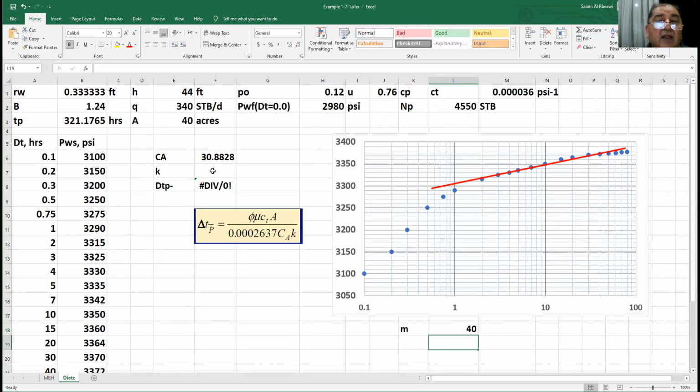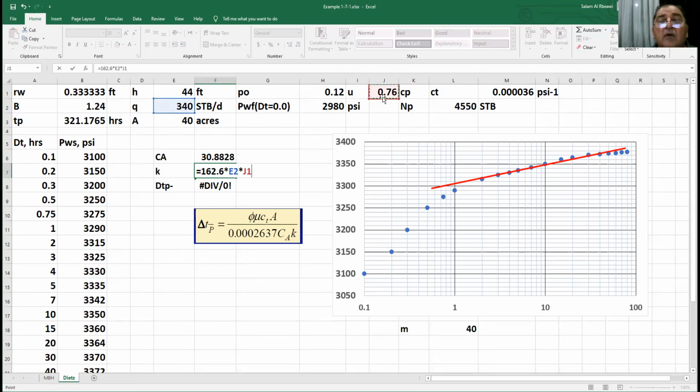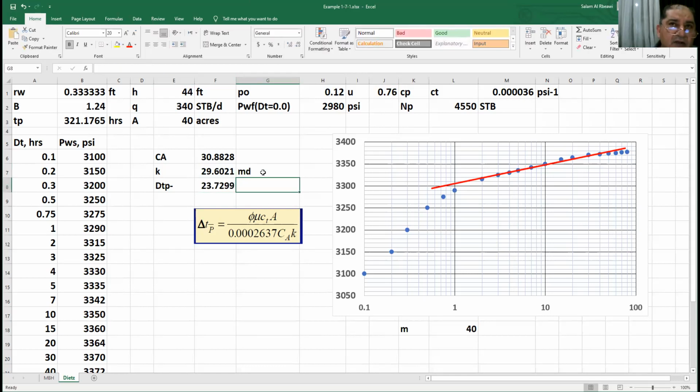Then K is 1626 times Q mu oil formation volume factor divided by the slope, divided by H, the formation thickness, and this is your millidarcy. And this is very typical. You do not expect that the permeability calculated by Dietz will be the same as the permeability calculated by Horner plot. There should be some difference between them.